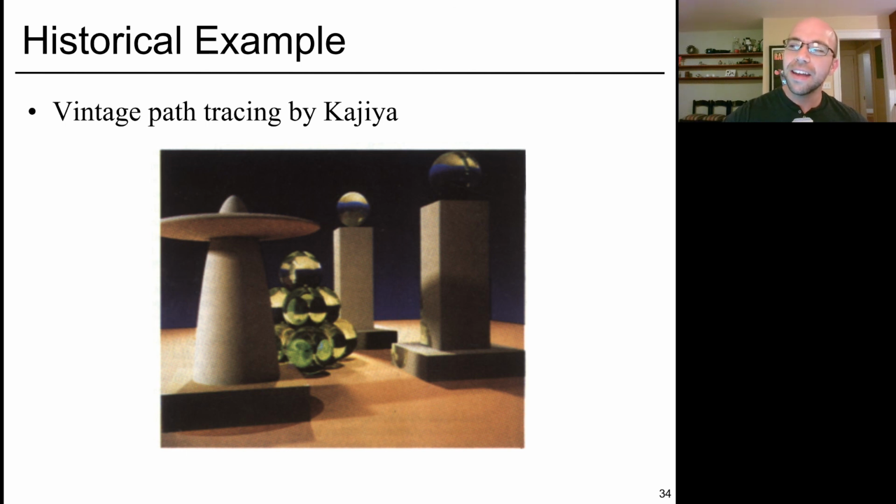And in 1999, a graphics researcher, Bruce Walter, was trying to reproduce some of the vintage path traced and ray traced images for kind of a historical project. He actually got the original code from Kajiya and found that his own rendered result didn't match. And it turned out that the original code for path tracing actually had a bug in it.